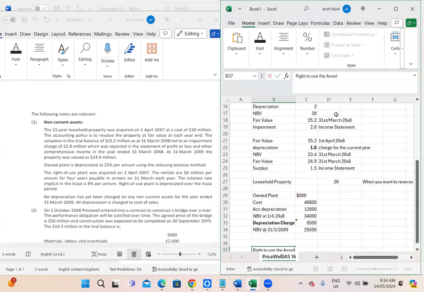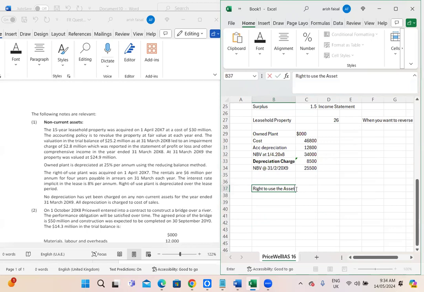Fine. So now, as I explained to you, whenever you have to write down the lease liability, you have to record it at the present value of the future lease payments, right? So in future, basically you're starting the lease on 1st of April, but in future you have to make a payment of 6 million for 4 years. Okay, so we can use the annuity, or you can see first year, second year, third year, fourth year.